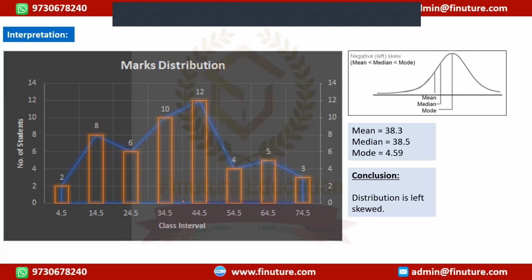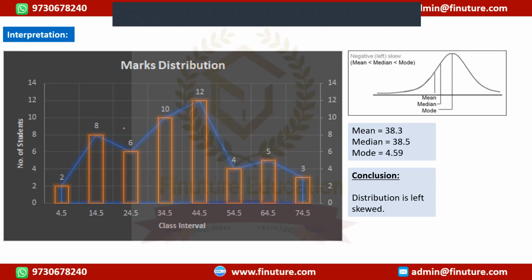So at 38.3, somewhere here, the curve that you see in the blue line, with the x-axis, will have 50% of the data on its left and 50% of the data on its right. This is how you plot your histogram. It's a good thing to explore. You can try taking this data in your Excel worksheet and plotting this histogram.